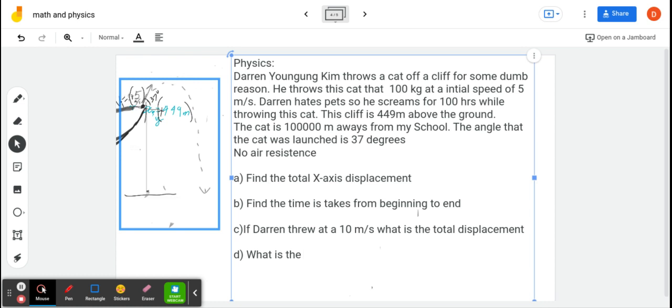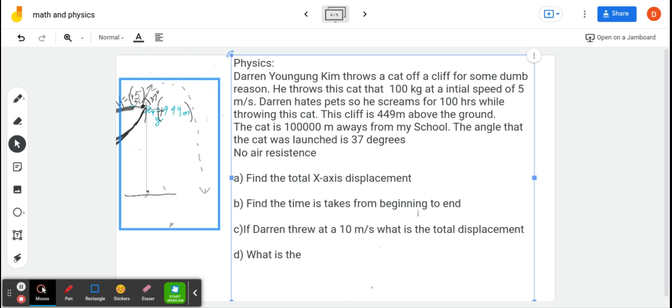So number D. What do I do with number D? Let me think about that for a second. Sorry about that. Anyway, I paused it for a second. So for the physics question, which is the same question, what other question could I give?